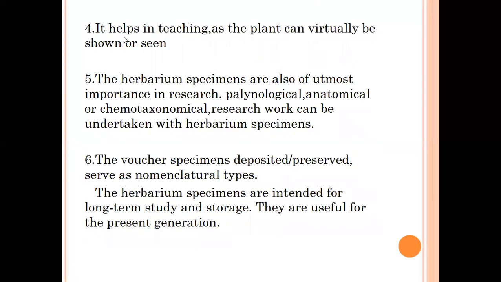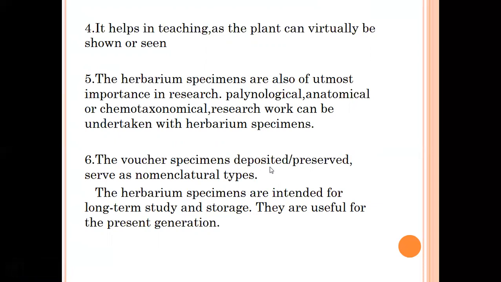The fourth application is that it helps in teaching, as the plant can virtually be shown or seen. And the fifth is that herbarium specimens are also of utmost importance in research. Paleontological, anatomical, or chemotaxonomical research work can be undertaken with herbarium specimens.